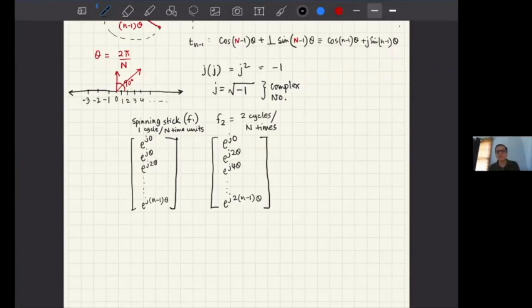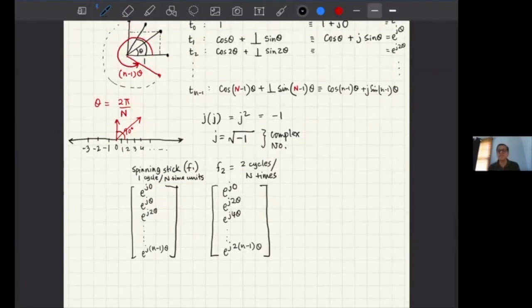Actually, let's talk about frequency 0 quickly. If the stick is rotating with 0 frequency or 0 speed, that means the stick is not moving from its original position. So we can write frequency f0 in which the stick is not moving at all. f0 is nothing but 0 cycles per n times.